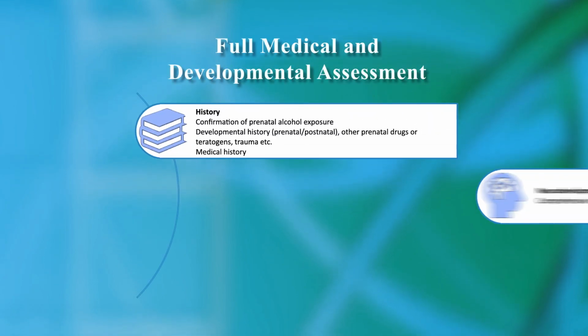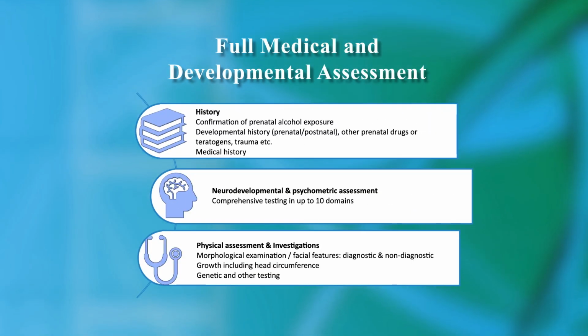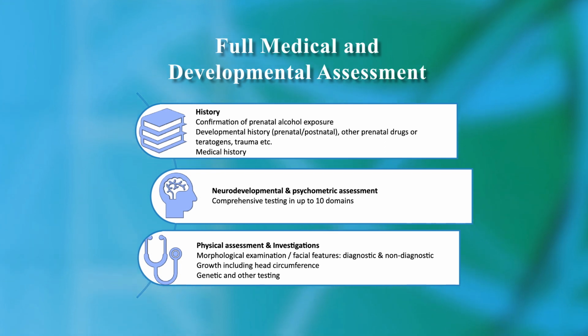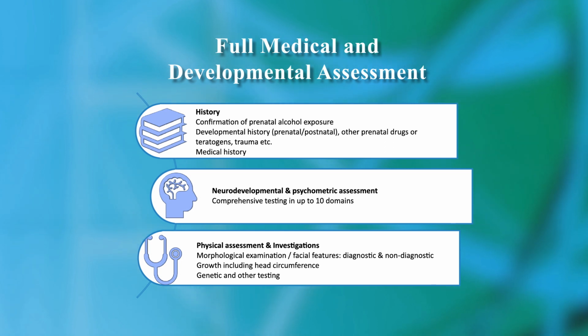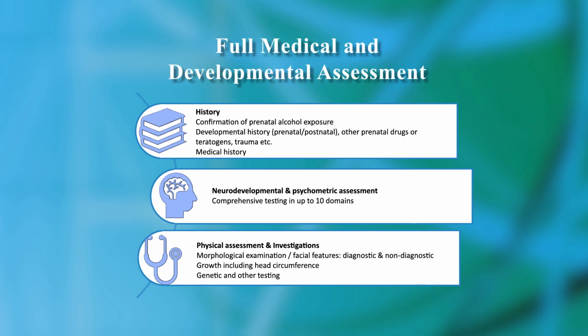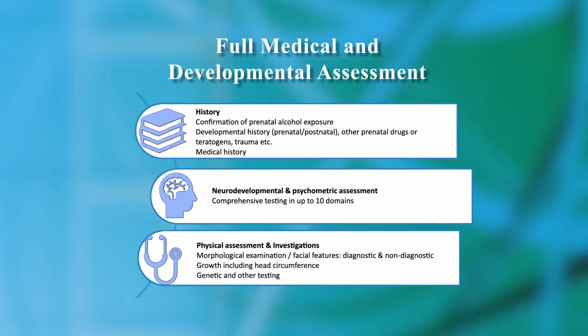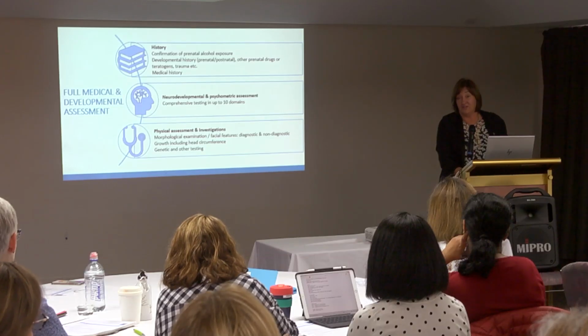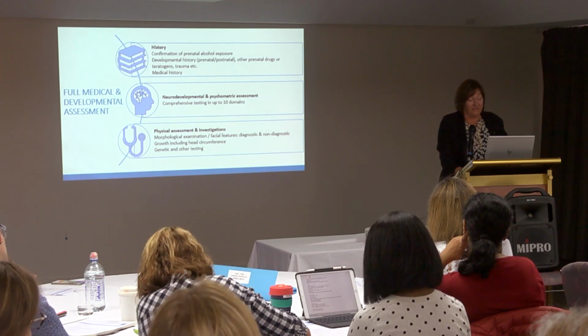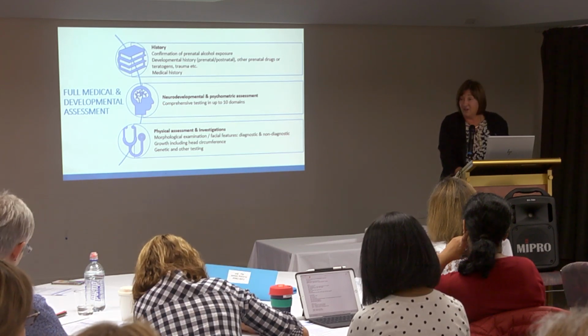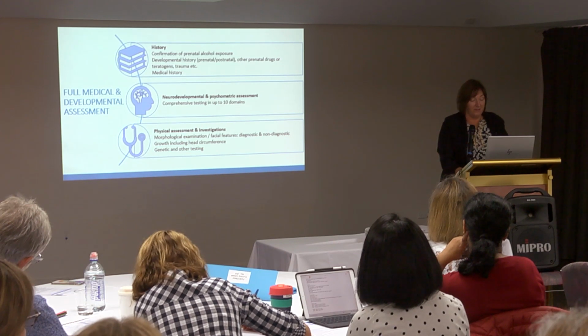And finally, we need to look carefully at the child physically. Is there another reason for this child's neurodevelopmental problems? Have they got some sort of hereditary problem? Have they got a neurodegenerative disorder? Have they got neurofibromatosis or tuberous sclerosis? Has there been another teratogen that could have been involved, such as dilantin? Has the child got visual or hearing impairment?